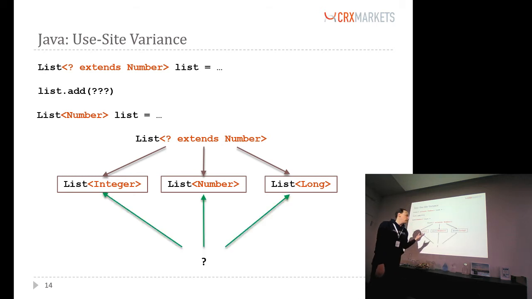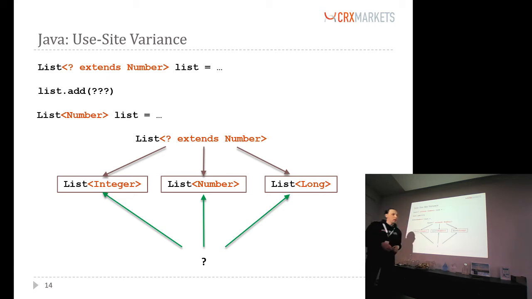What can we add to any of these collections? Nothing. Only null, because only null can be cast to integer and to number and to long. Nothing else. So using this reference, we cannot actually add anything. The correct answer is null.